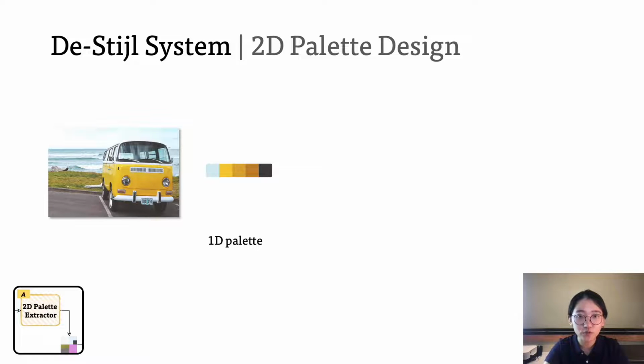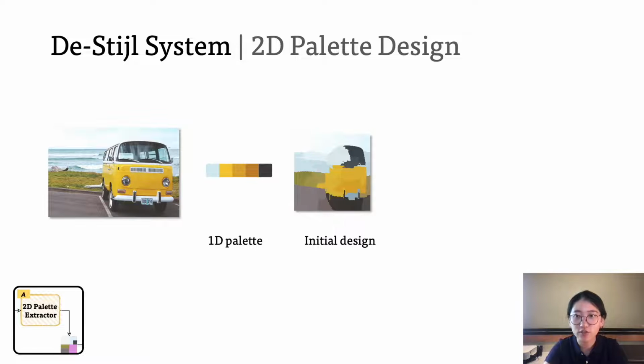The design of this 2D palette was iteratively refined by working with design experts. Our initial design presents fine-grained details of the input image. It removes textures but keeps other color visual properties as much as possible. However, it is easy to overwhelm users with many colors and difficult to generalize across graphics with different objects.